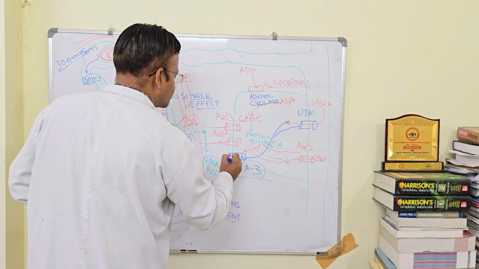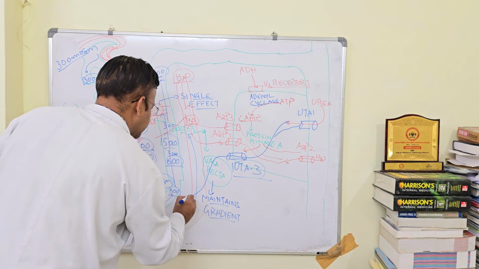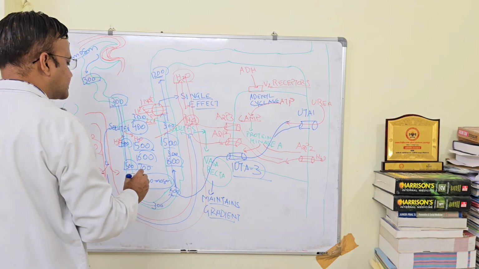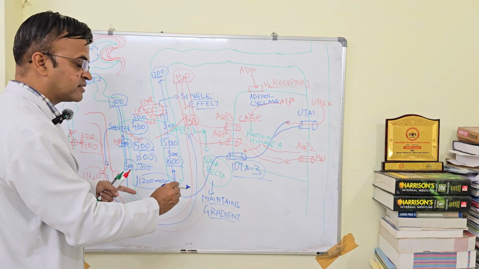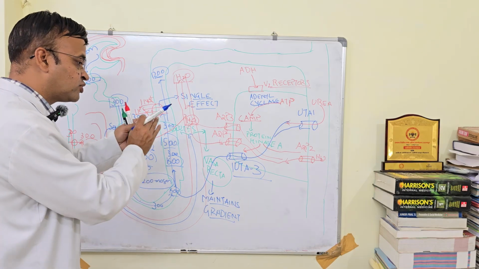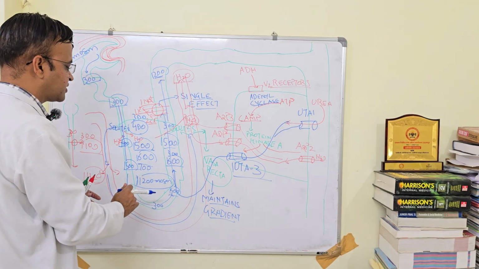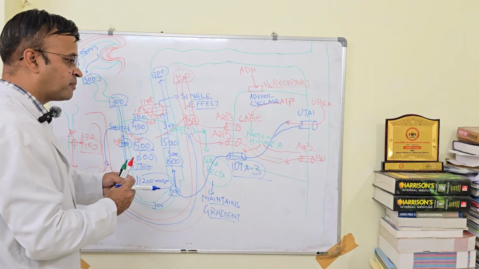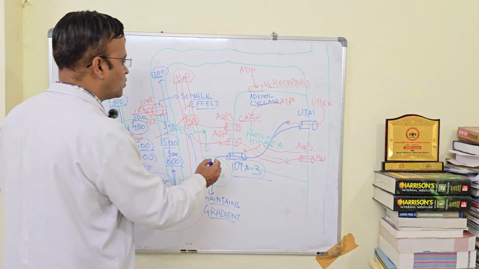After coming out through this channel, it will go to your thin ascending limb of the loop of Henle. This thin ascending limb is permeable to solutes, but that permeability is passive, the solute passively diffuses out, but it is impermeable to water. So it falls somewhere between descending and ascending limb. That means it is passively permeable to solutes, but impermeable to water.